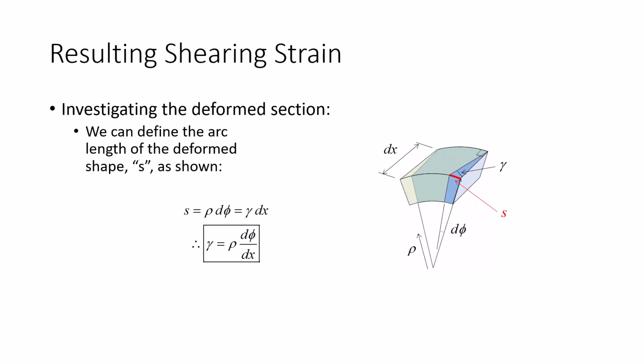And I propose that that shearing strain can be defined with this. Okay, so rho is the distance from the center of the shaft outwards, right? So that's literally like the radius of the shaft, if you will. And this d phi over dx, that is the rate of change of the angle of twist. So I can relate how much the shaft is twisting to the resulting shearing strain.